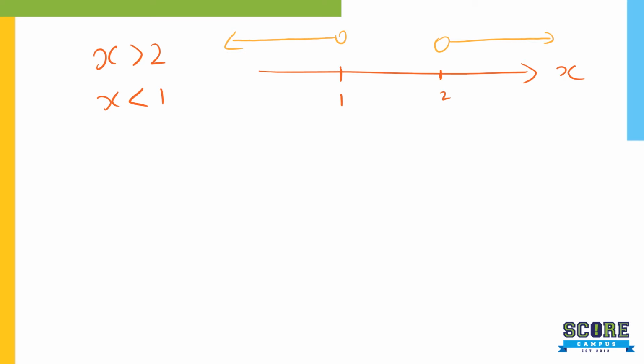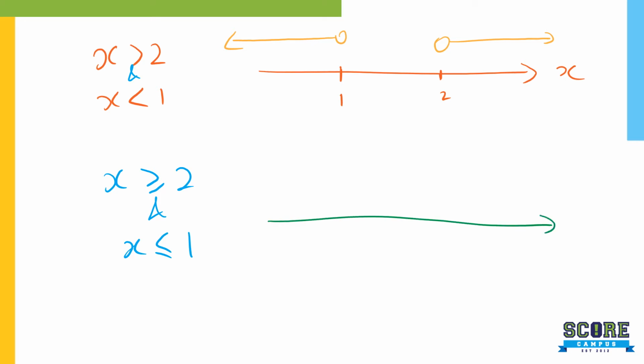Now another one, x greater than or equal to 2 and x smaller than or equal to 1. There should be an "and" here also, right? So if we do it, this is 1, this is 2. Because there is an equal sign over here, instead of leaving it an open circle, you have to now shade this circle.